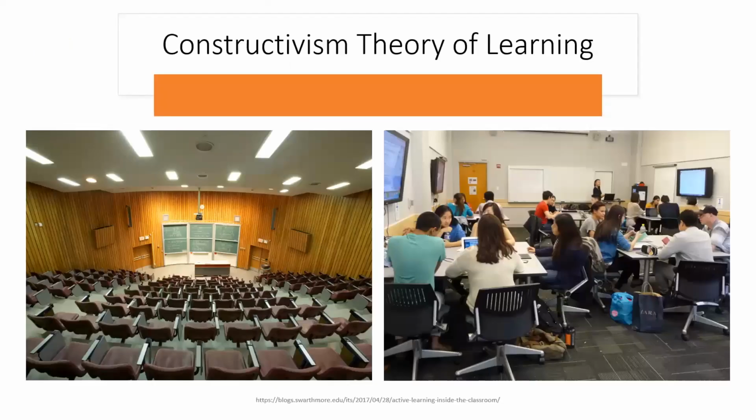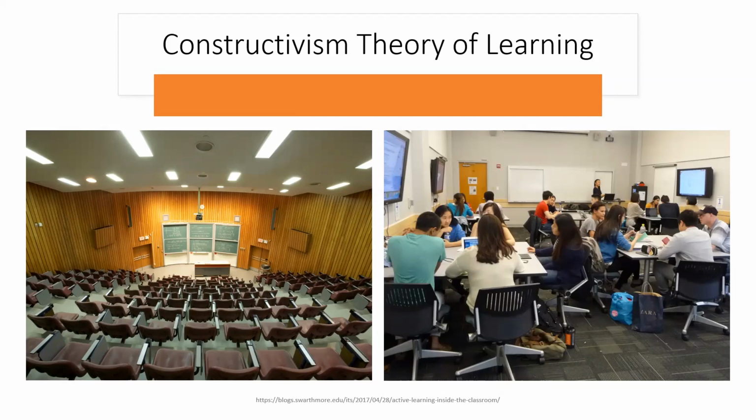I mentioned earlier about learning theories in the introduction, and although there are several, the one I'd like to speak on is called Constructivism, which has had a significant impact on educational practice. Constructivism is a learning theory and philosophy that emphasizes the active role of learners in constructing their understanding of the world. It suggests that individuals build knowledge and meaning based on their own experiences, prior knowledge, and interactions with the environment.